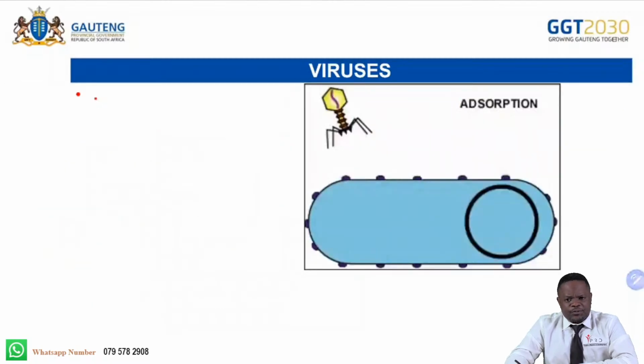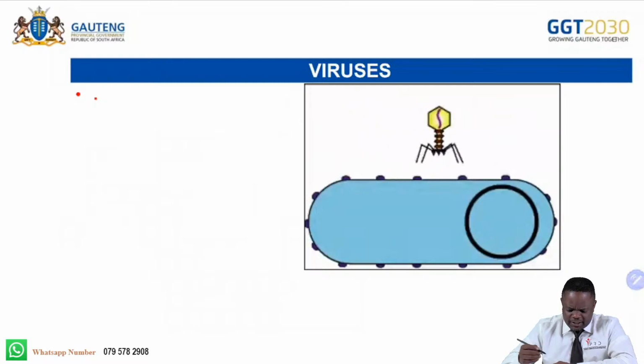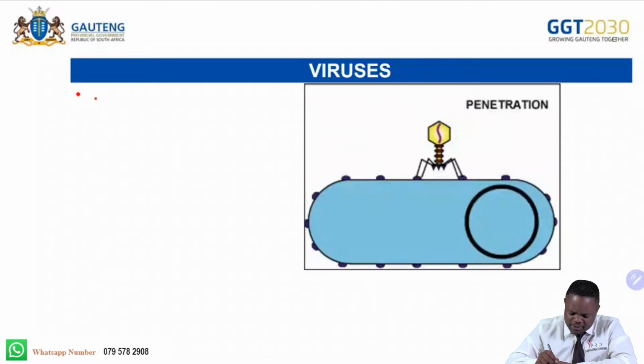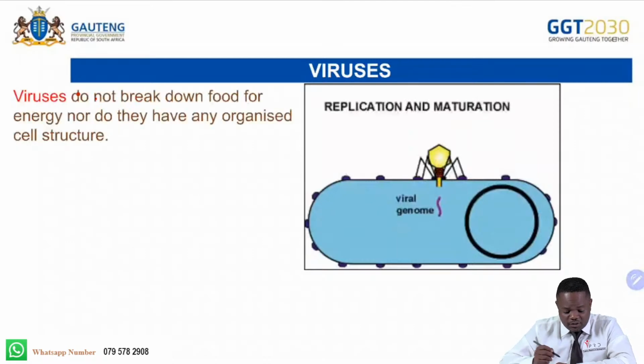Right, so looking at viruses, look at how they behave. If they approach a cell, they are going to absorb on the surface of your cell, and then the next thing they do, they penetrate into the cell. When they penetrate into our cell, they are going to multiply.